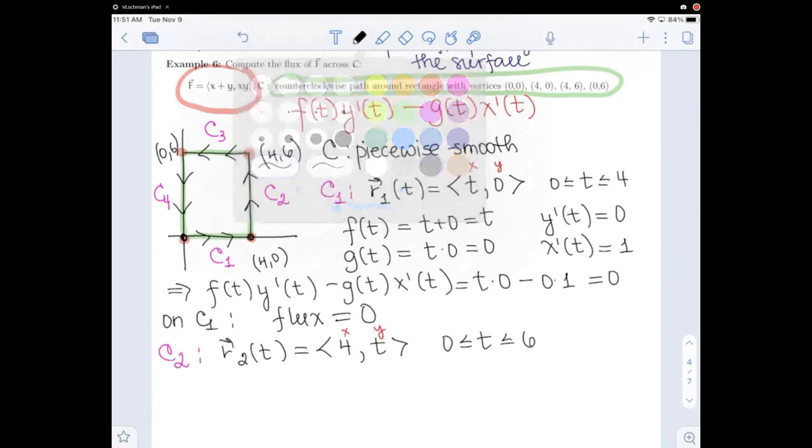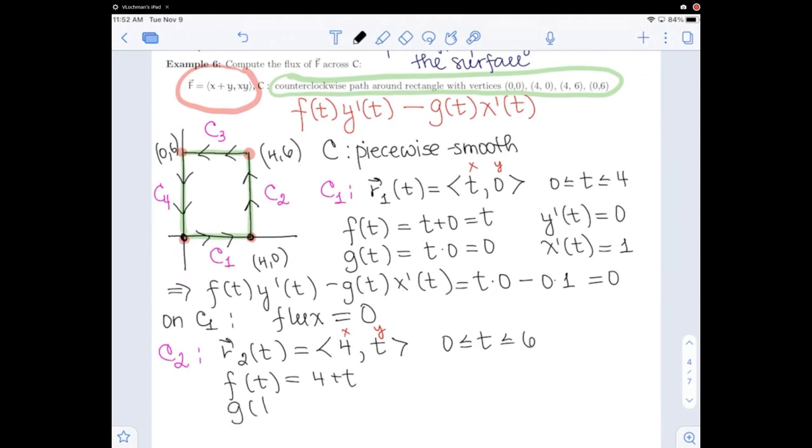Let me remind you again that this is x, this is y. So now we can write our little functions, like our f function. What is our f of t? X plus y, that's 4 plus t. G of t is x times y, so that's 4t. Y prime is going to be 1.